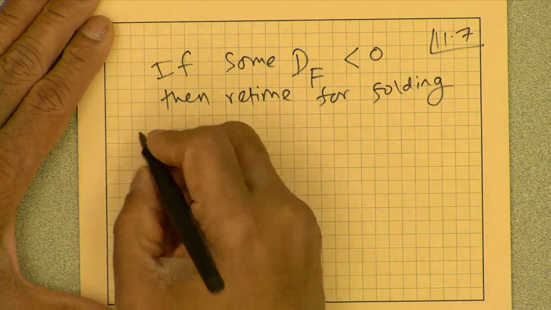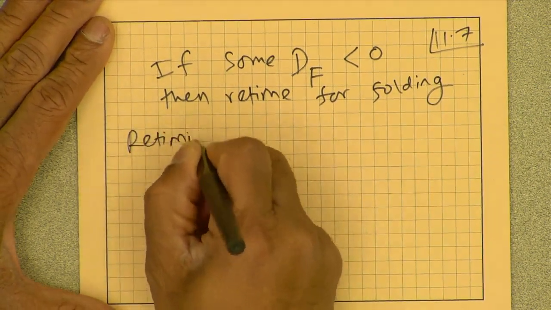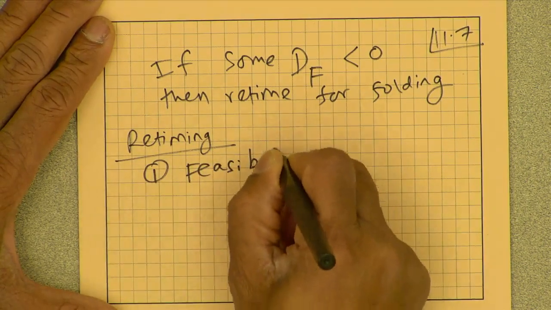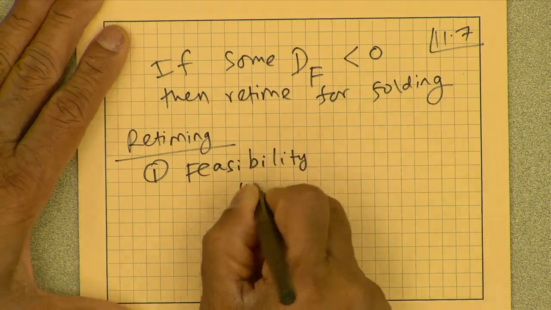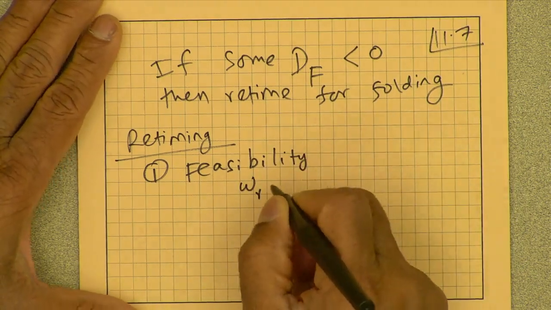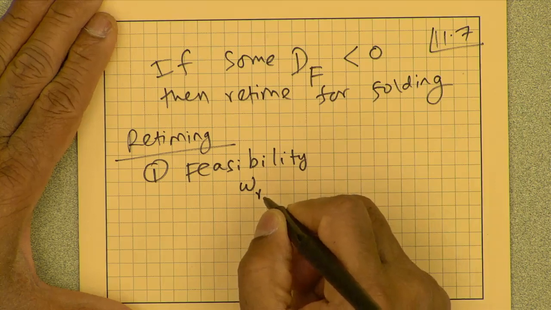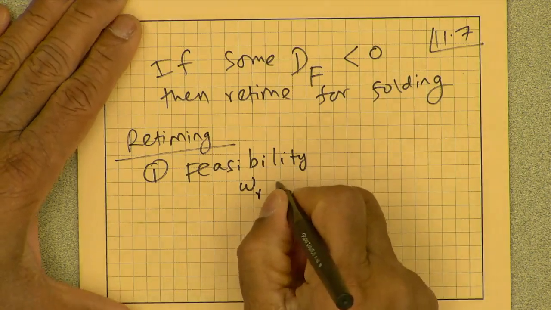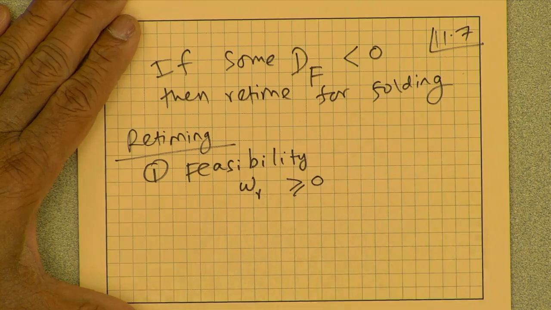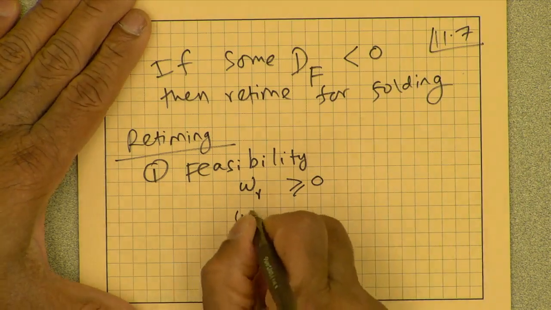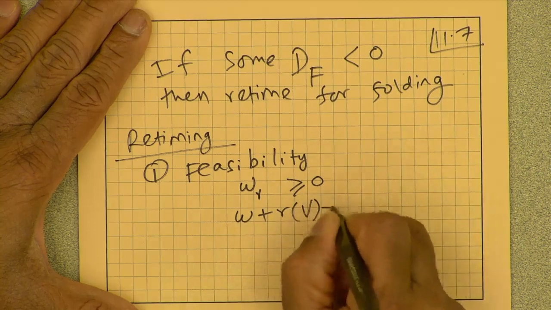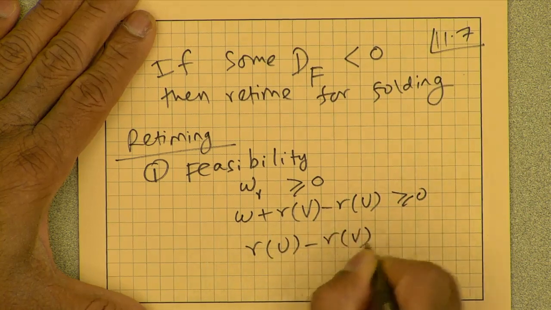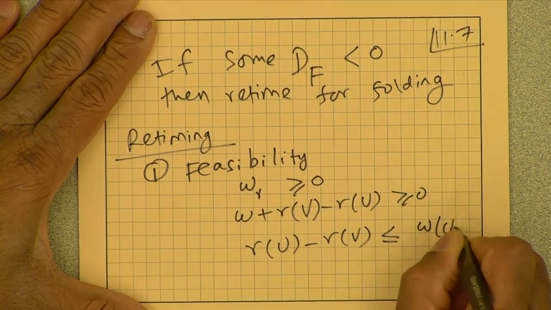Okay, so retiming, as you recall, has two constraints. The very first constraint is feasibility. We had that constraint here, WR. In the retimed case, WR after retiming should be greater than or equal to 0, which means that W plus RV minus RU should be greater than or equal to 0, or RU minus RV should be less than or equal to W(U to V).